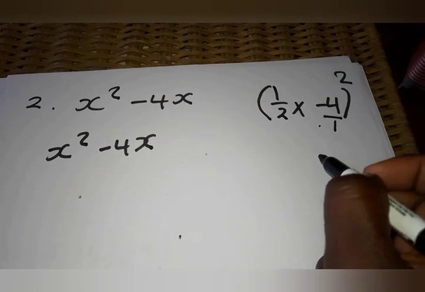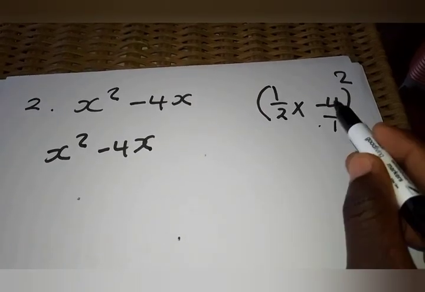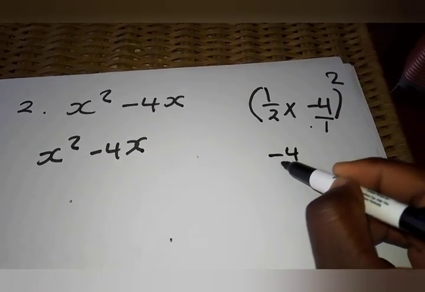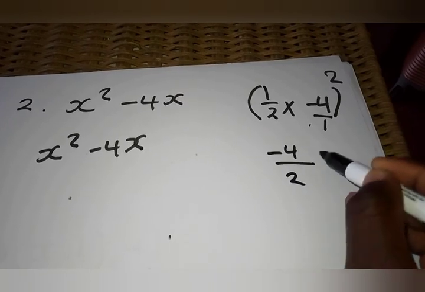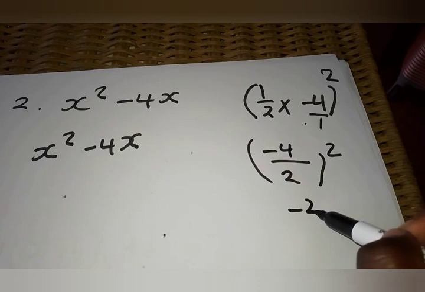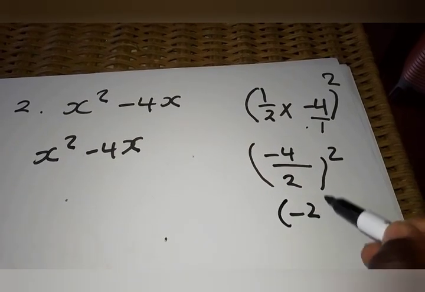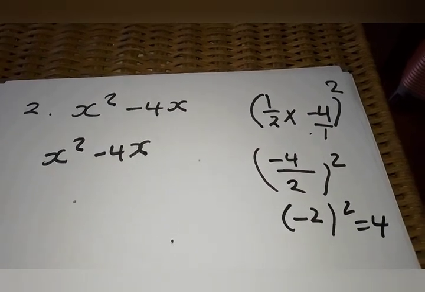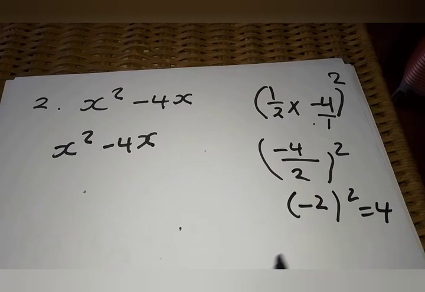So just make it a fraction. So we multiply minus 4 times minus 1 over 2, minus 2, then all squared. Now let us work out what is inside the bracket before we can include the squared. So we use our calculator to get positive 4.